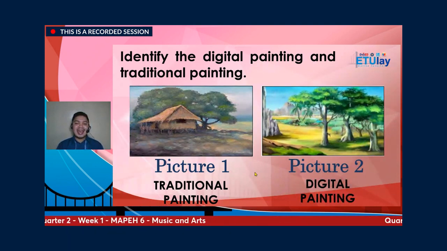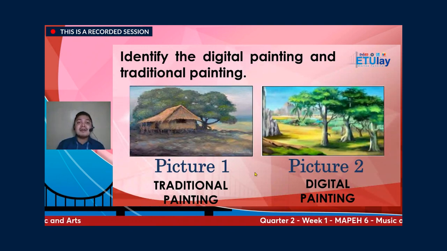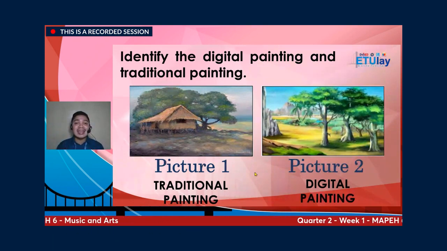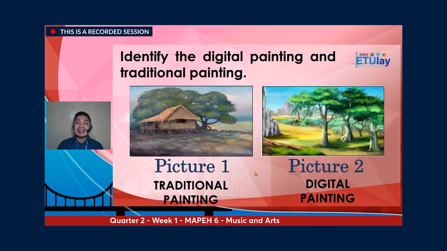Tignan ninyong maigi ang pagkakaiba nila. Ngunit sa unang tingin, parang parehas silang painting, parang pareha silang traditional painting. But ang pagkakaiba nila, ang picture number 2 ay ginamitan ng technology, while picture number 1 ay ginamitan ng aktwal na materyales gaya ng watercolor or poster paint.